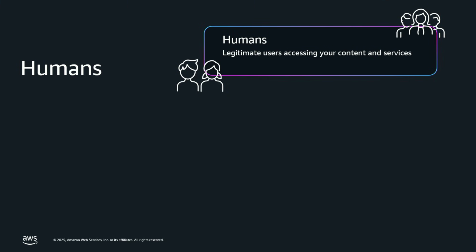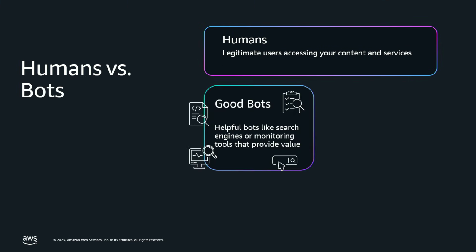So when all of us are trying to build a product, we aim to build it for humans, the actual legitimate users that will use our product. But since the internet began, we also saw a tremendous trend of using good bots. Good bots are usually being used to operate the internet, to crawl, to index, to populate our websites, and eventually are good for our business.